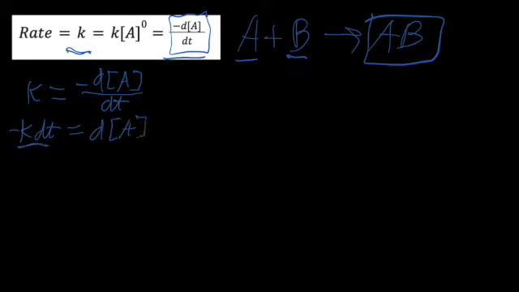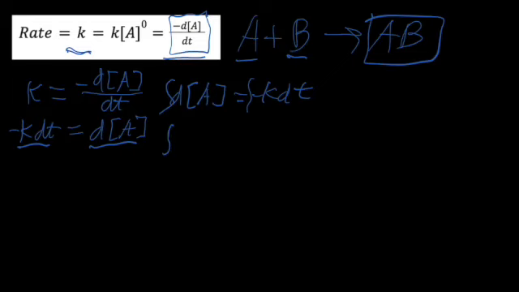And so what we have here is on this side, a differential with respect to T, and on this side, a differential with respect to the concentration of A. So if we integrate both sides, then we can use different variables in order to integrate. So if we rewrite this as d concentration of A equals negative K dt, and we integrate both sides, what we have is the integral from the starting concentration, which is concentration of A naught, all the way up to whatever concentration you want, dA.